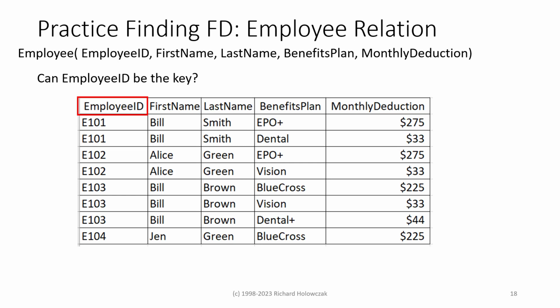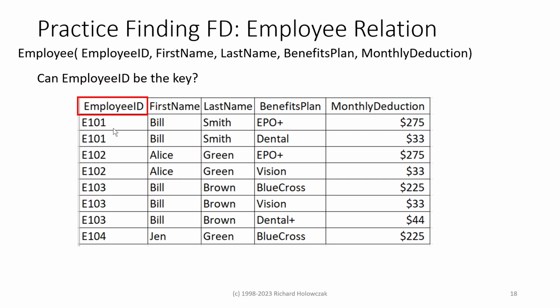All right, so the first question, can employee ID by itself be the key for this employee relation? If we look down the attribute here, we see that employee 101, E101, repeats a couple of times. E102 repeats a couple of times, E103 repeats 3 times.